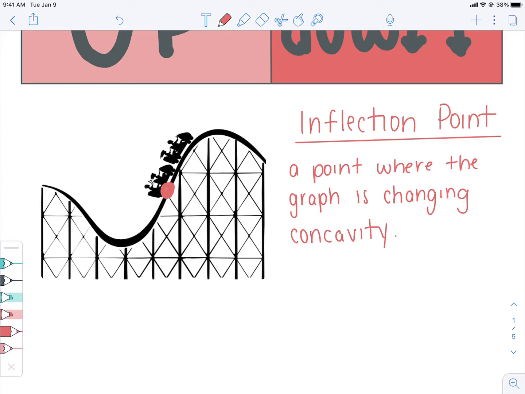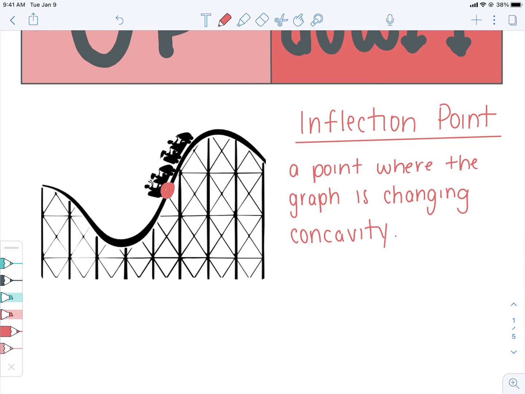So just like with our max and mins, which we used to tell where our intervals were increasing and decreasing, we're going to use our inflection points to tell where our concavity is changing. I can have multiple inflection points on one graph. I might not have any inflection points on a graph if the concavity is not changing.